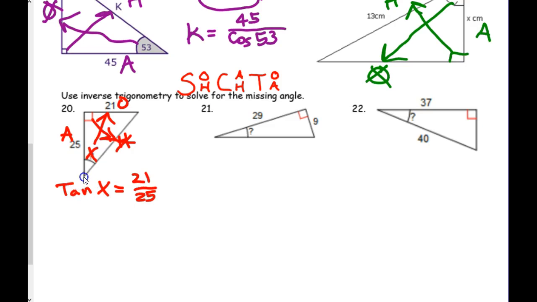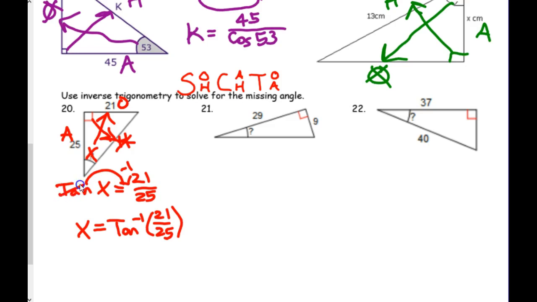All right, so if we do the inverse of tangent on both sides, we will eliminate the tangent on the left side. So the process is tan can go to the other side if we put a little inverse sign on it. So X equals tan inverse, with the little negative 1 in the exponent, 21 over 25.